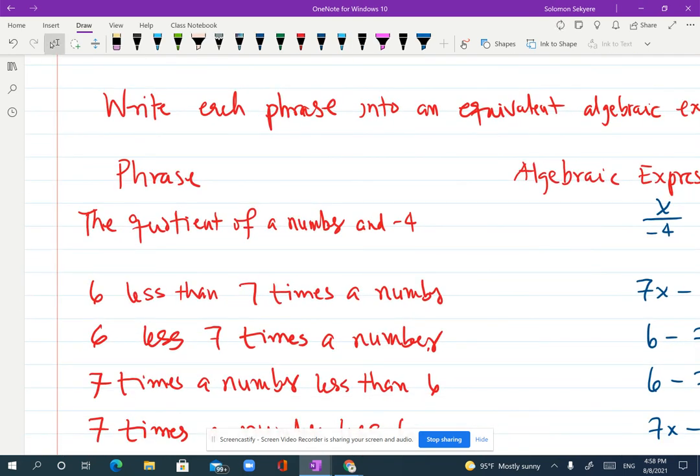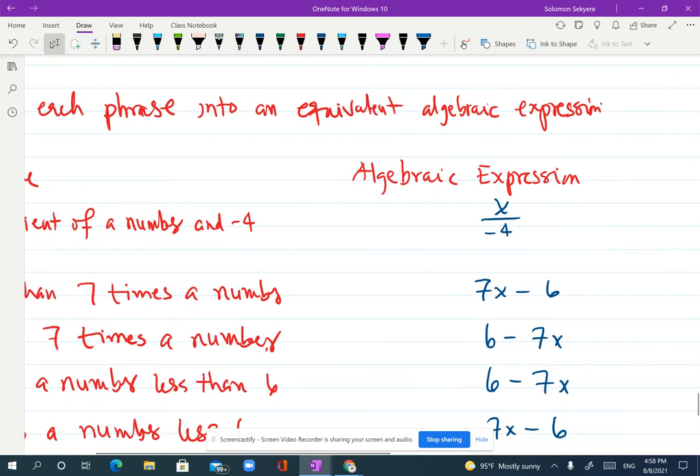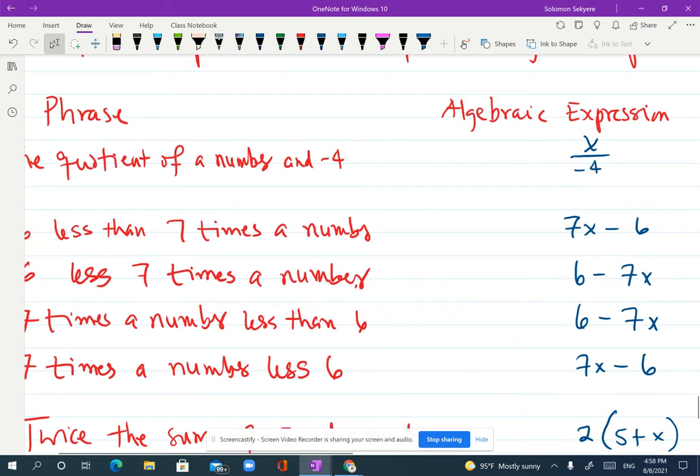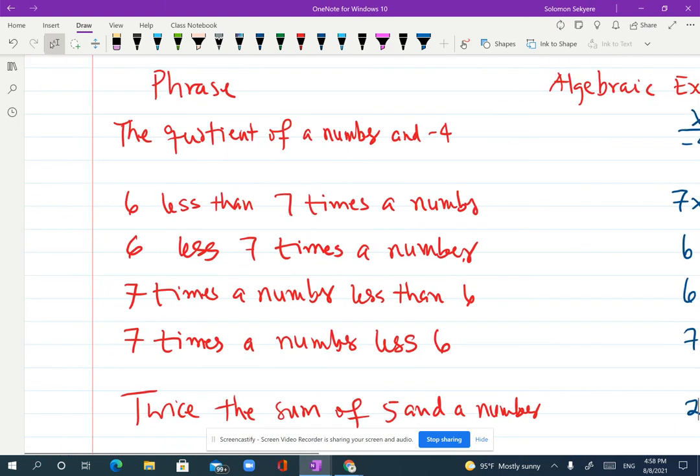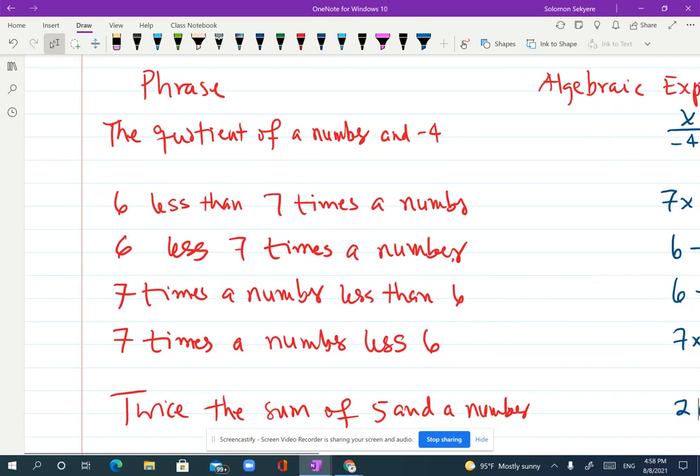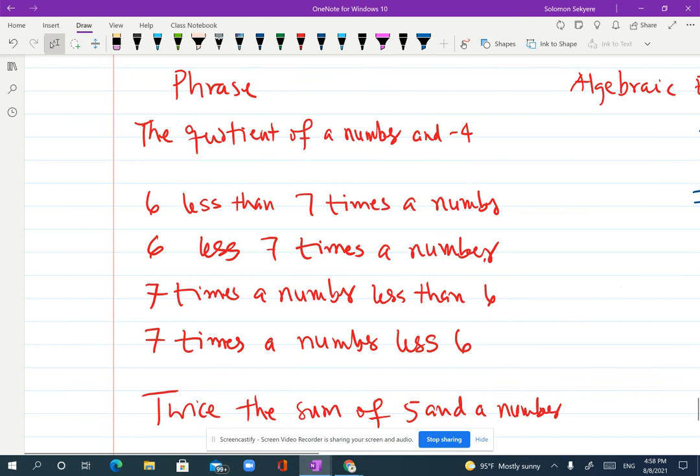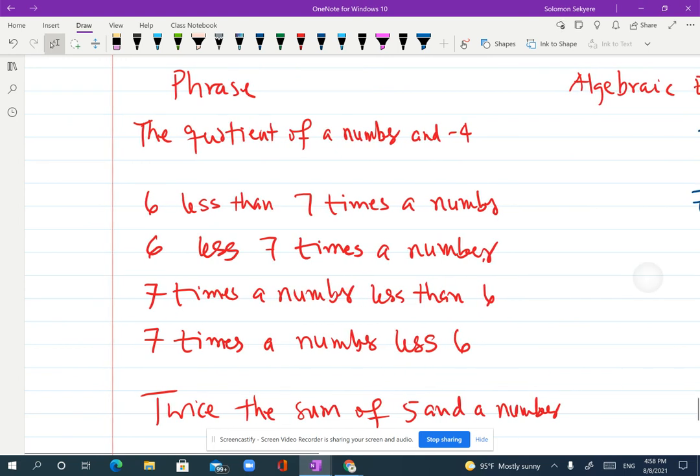And then finally, write each phrase into an equivalent algebraic expression. Okay, try this first and then come and check out the answers. So do not look, try them first. The quotient of a number n and negative 4. 6 less than 7 times a number. How is this different from 6 less 7 times a number?